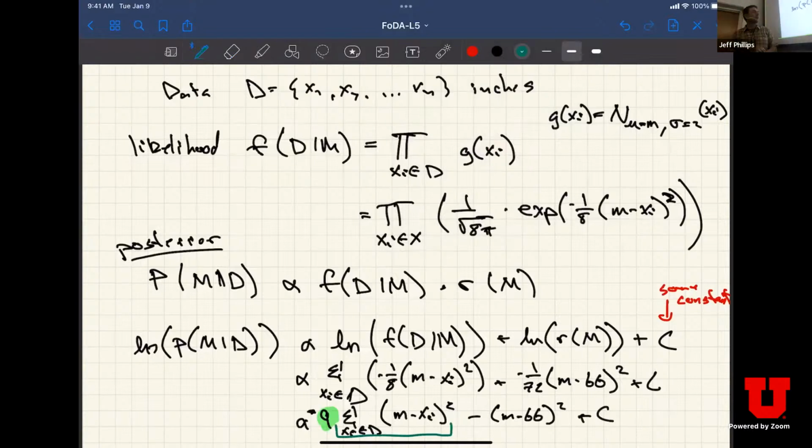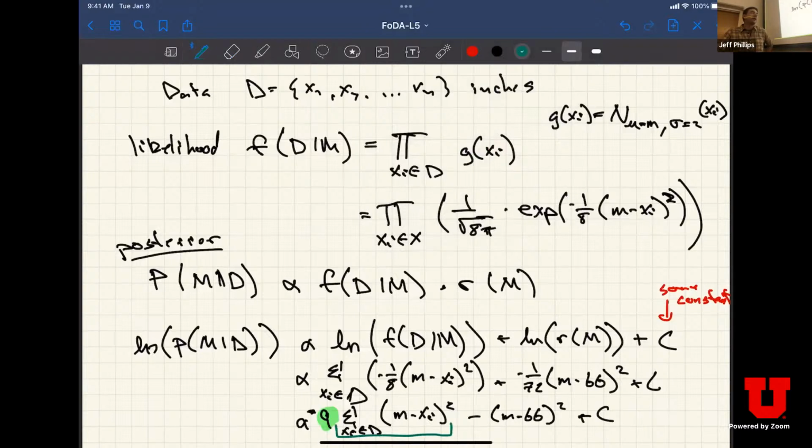So the variance was 9 smaller on the data points I got from the students, and so each of these terms was deemed to be worth 9 times as much as the prior.